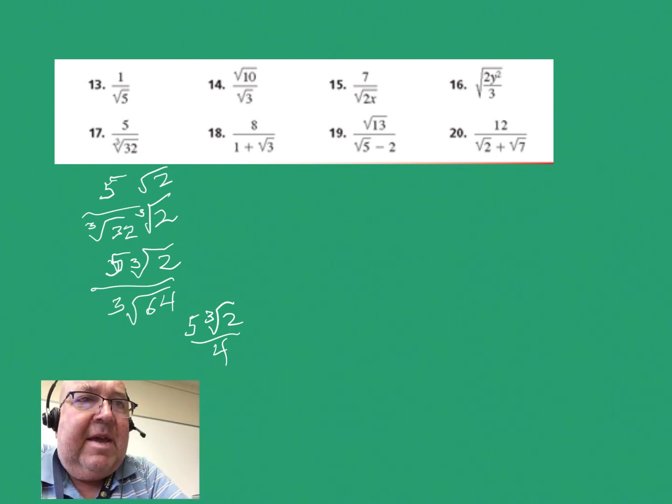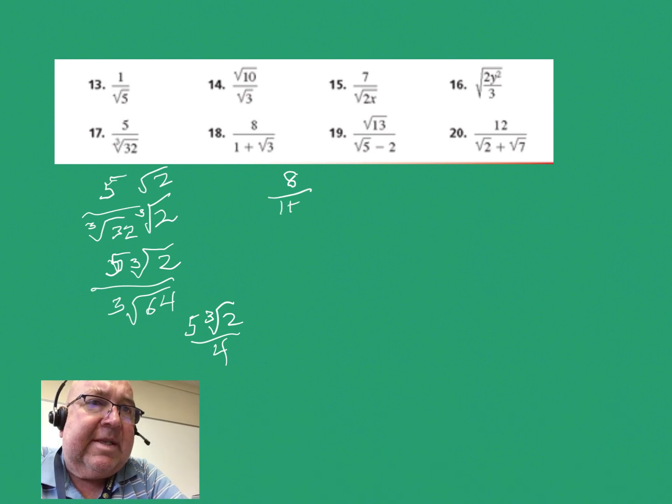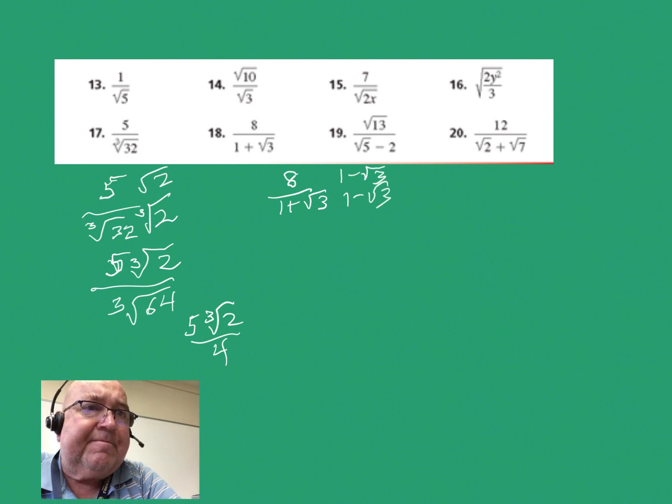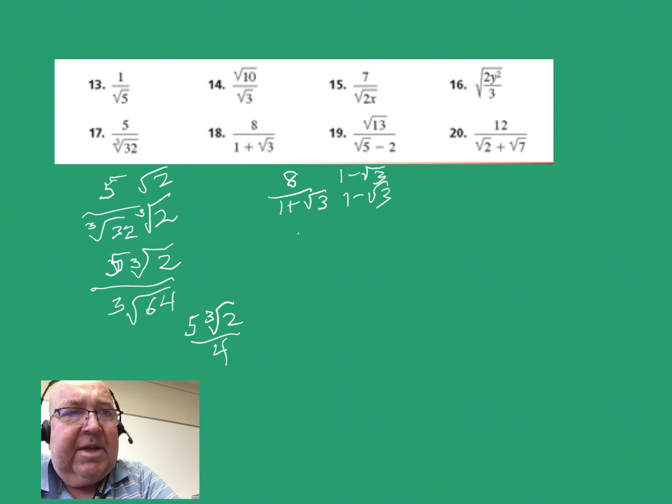Next, we're going to go 8 over 1 plus radical 3. We're going to multiply by the conjugate, which is 1 minus radical 3. We're going to get 8 minus 8 radical 3, because we distribute the 8.